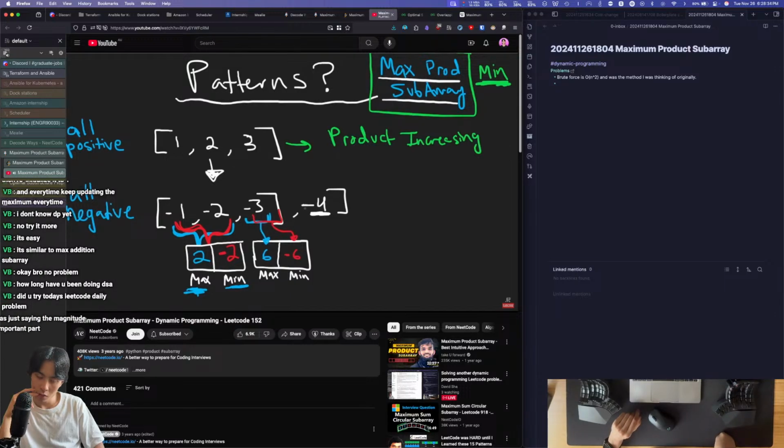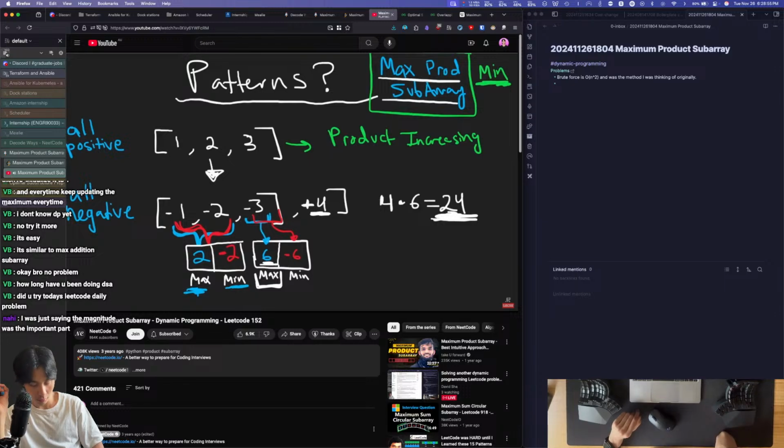But if you reverse it, what if we had a positive 4 here instead? Well, in that case, we can say, okay, positive 4 multiplied by our maximum, which is positive 6. So 4 times positive 6, 24. We still get it, right?